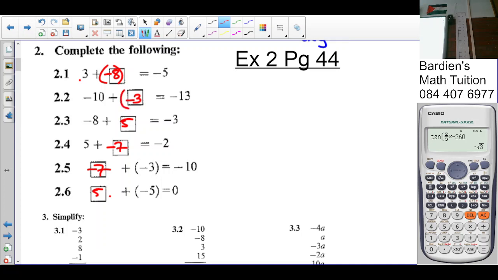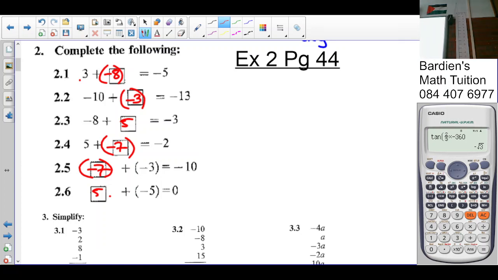Negative 10 minus 3, negative 13. Can you see that, people? Negative 8 plus 5. You got your number line again. Negative 8 plus 5, negative 3. Can you see that? 5 minus 7, negative 2. Negative 7 minus 3, negative 10. Can you see that, people?